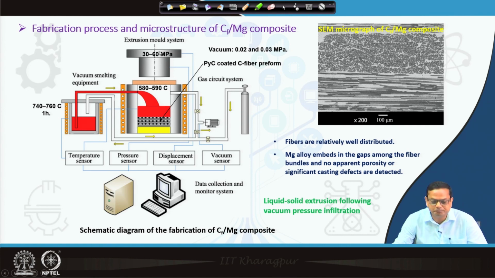Now, there is an extrusion press which presses this semi liquid into the mold. That is why it is called liquid solid extrusion. It is a liquid solid phase which gets extruded inside the preform, and that is why it is called liquid solid extrusion with vacuum pressure infiltration.